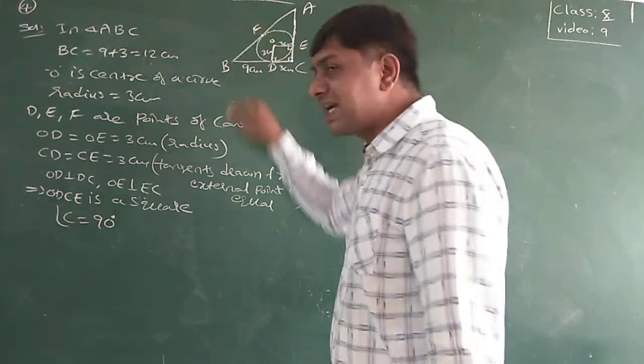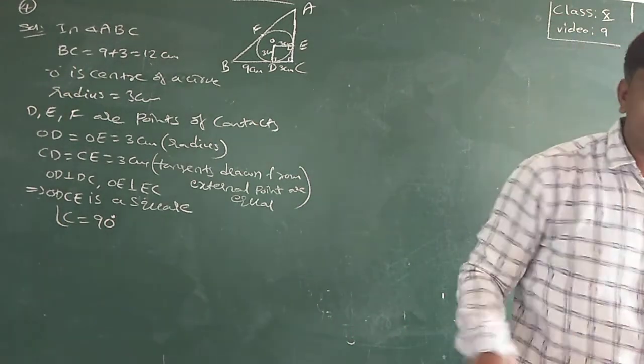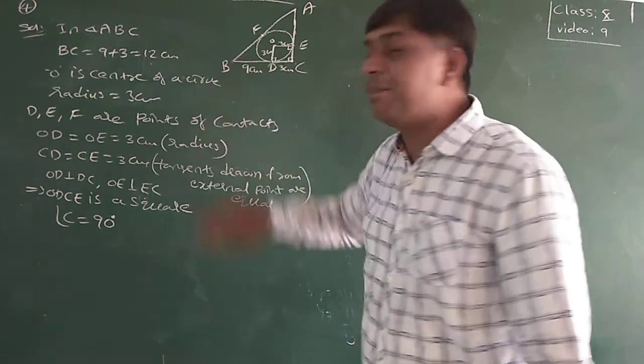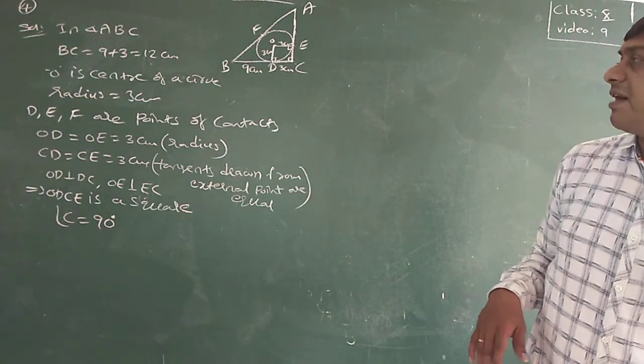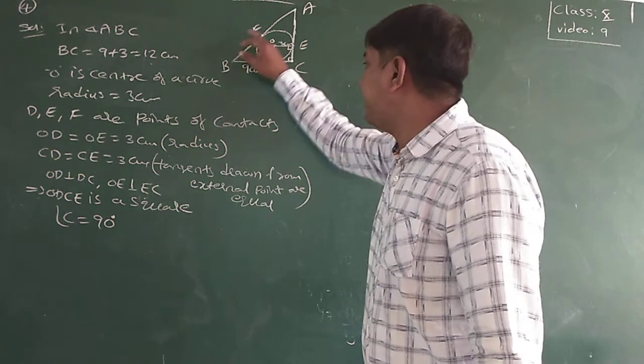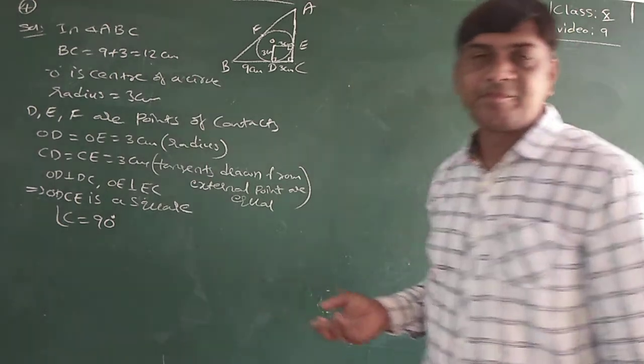When a triangle circumscribes a circle, the triangle touches the circle at three different points. Those three points are the points of contact. Since these three are the points of contact, OD and OE are the radii.